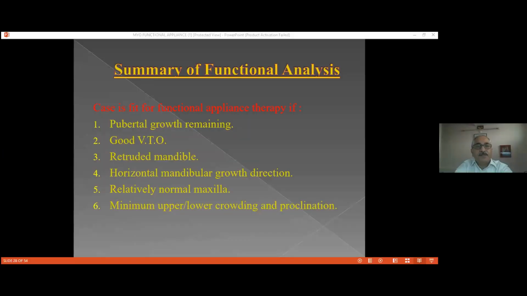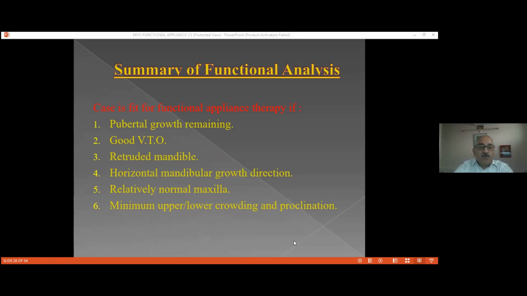From where we left off last time, a quick recap of the summary of the functional analysis. The patient has to be growing, that is, the pubertal growth spurt has to be remaining. The patient should have a good visual treatment objective, that is, forward positioning of the mandible should give a good and nice profile. The mandible has to be retruded.